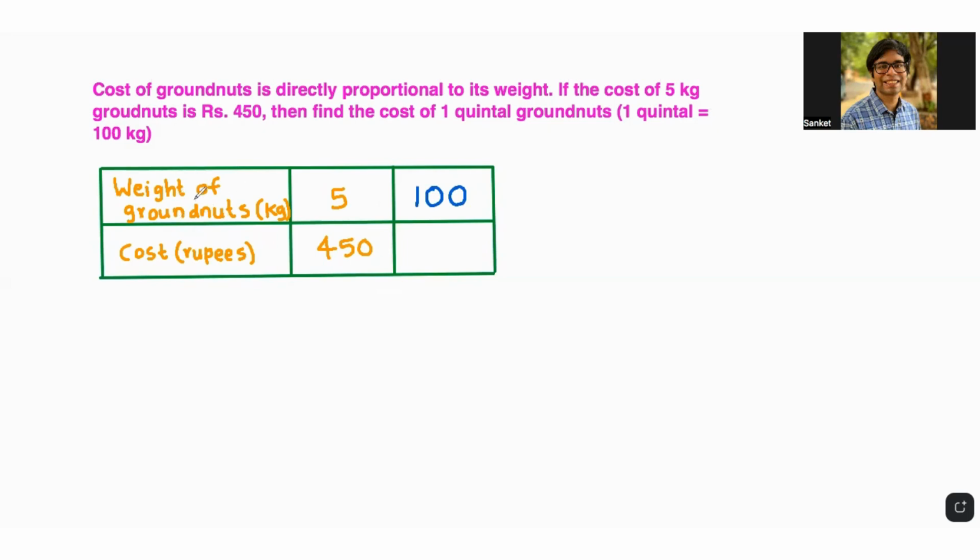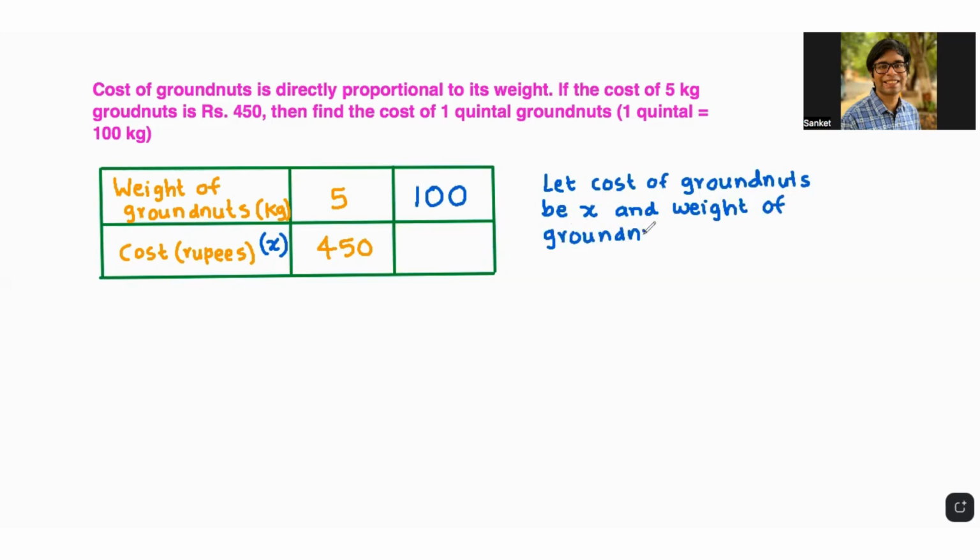I need to define the variables. So I'm going to say let cost of groundnuts be x. So I'm going to denote this by the variable x, and let weight of groundnuts be y.